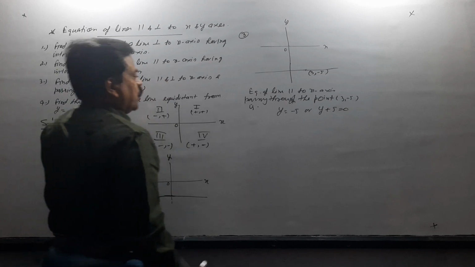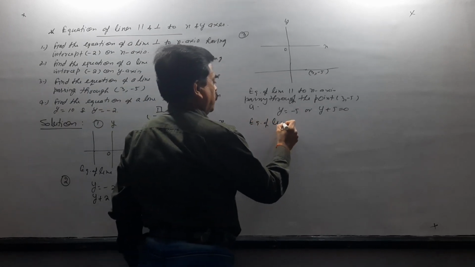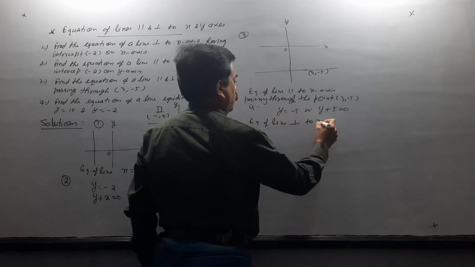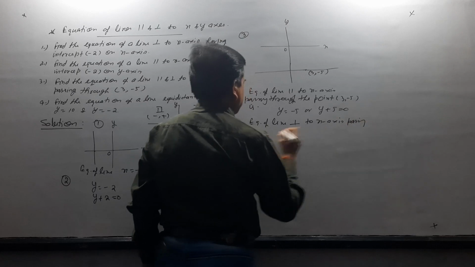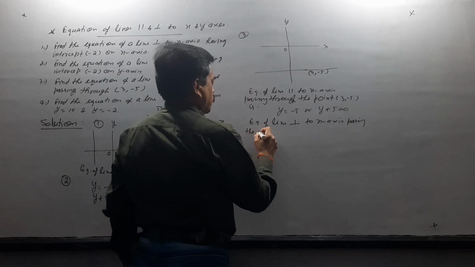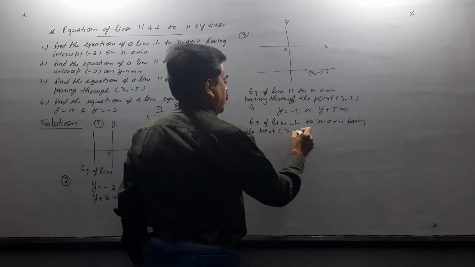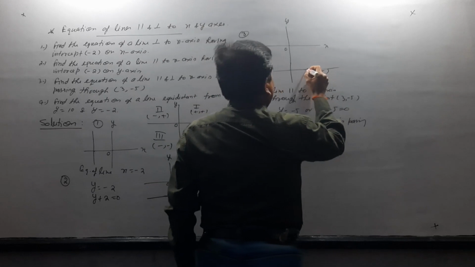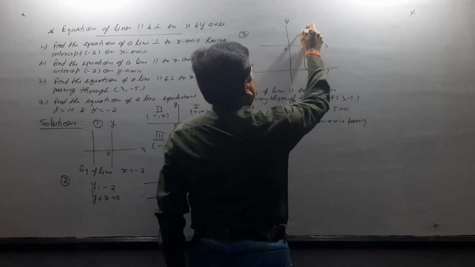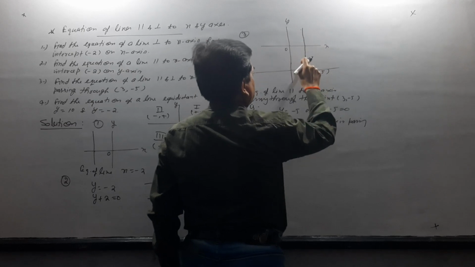Second, equation of line perpendicular to x-axis passing through the same point (3, -5). Perpendicular to x-axis, a line is like this, and this line passes through this point.